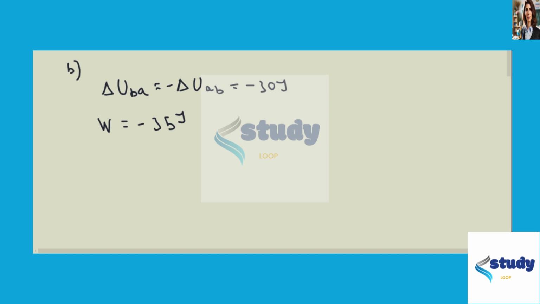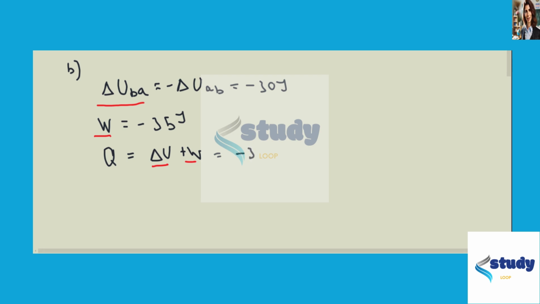And to evaluate the heat corresponding, heat will be delta U plus the work done. Now notice, we will use this change of internal energy and substitute it here, and we will use this work and substitute it here. So this will be all negatives.